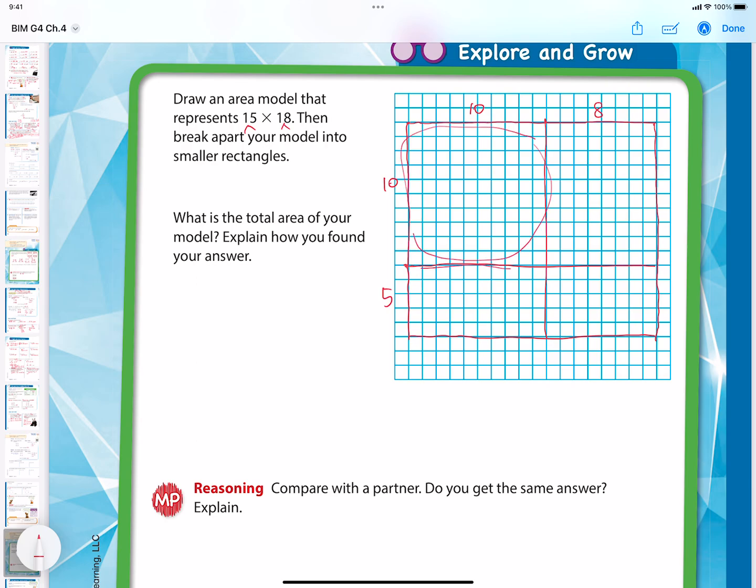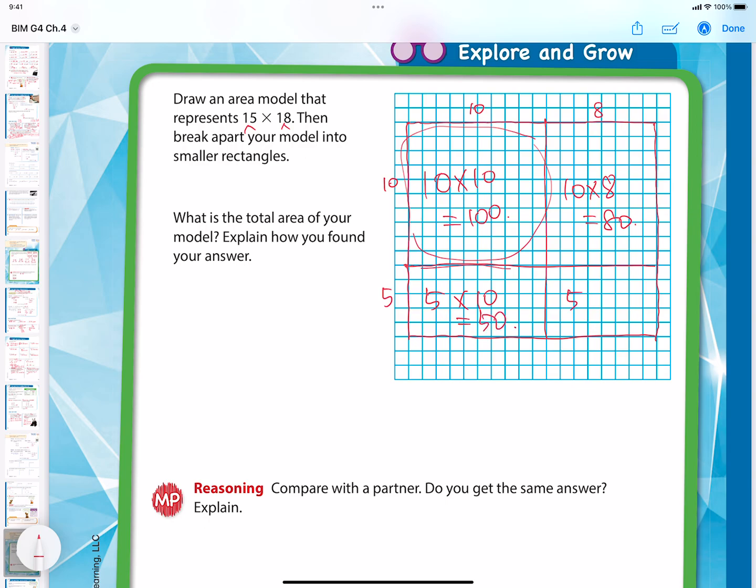Now, let's find out this area. This first one is 10 times 10, which is 100. And let's move on to this. How many? Yes, the length is 10 times 8, which is 80. And these 5 rows of 10 columns, right? That's what? 50.